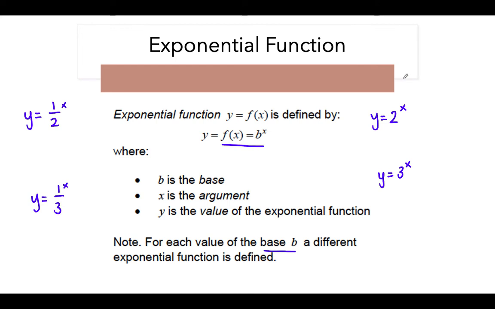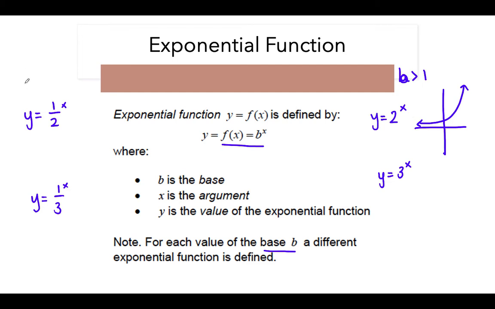Now, another rule to keep in mind is that if the base is greater than 1, that means it's going to be an exponential growth. So it will look something like this. The higher the base, the more stretched, more accelerated the exponential growth graph is going to look.